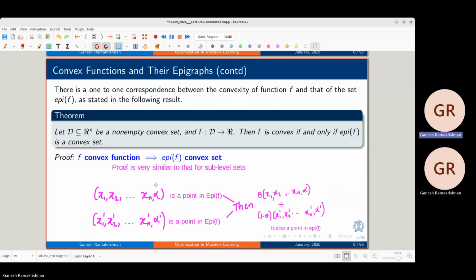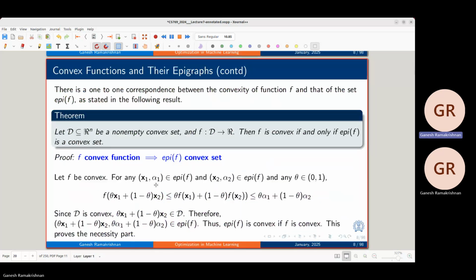Now you have to show that the line segment joining these two lies inside the set. So that's the only difference: you added an alpha, alpha prime. And then you show that this convex combination will also lie in the set by virtue of the fact that for each of those combinations, the function f will be less than or equal to the corresponding alpha or alpha prime. Right, that's what I've shown here.